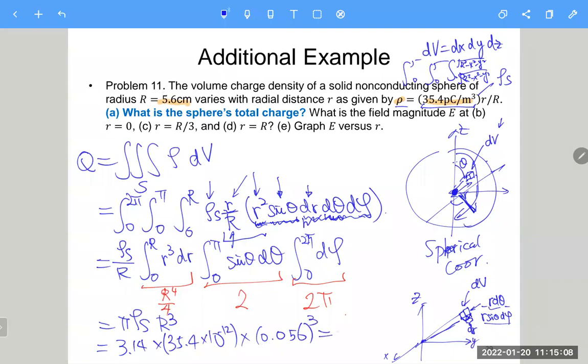So this is 1.95 times 10 to the minus 15 coulomb, or you can write it as 1.95 femtocoulomb. So this is the total charge on this sphere.